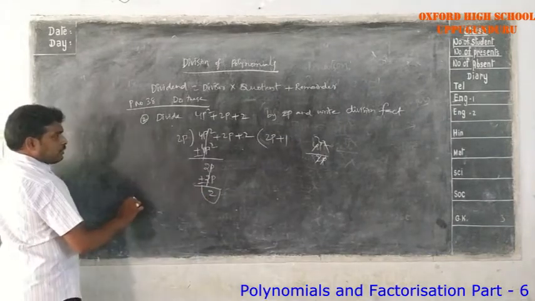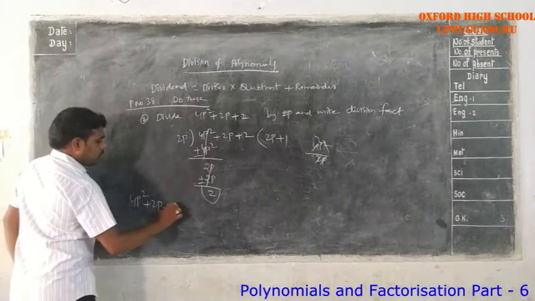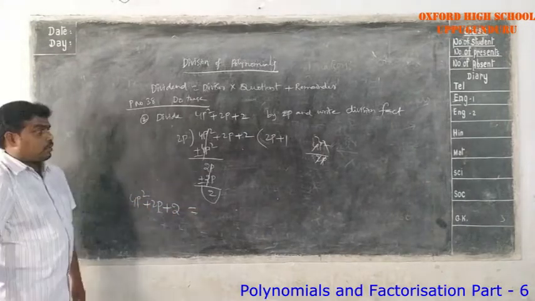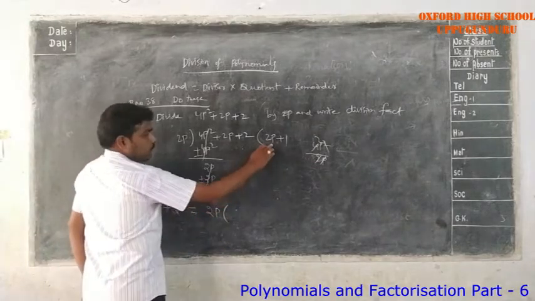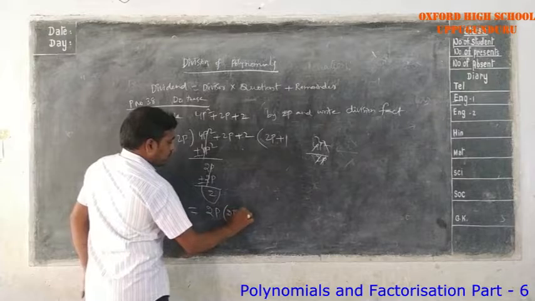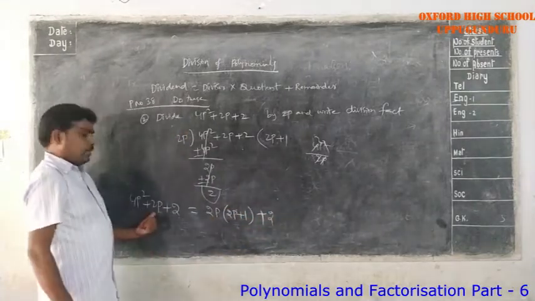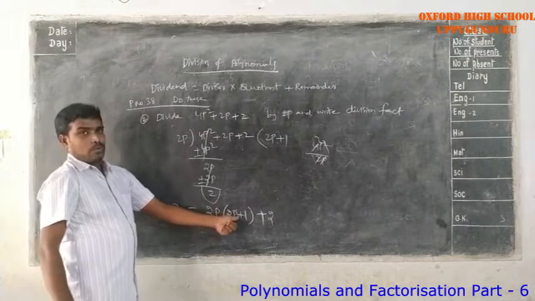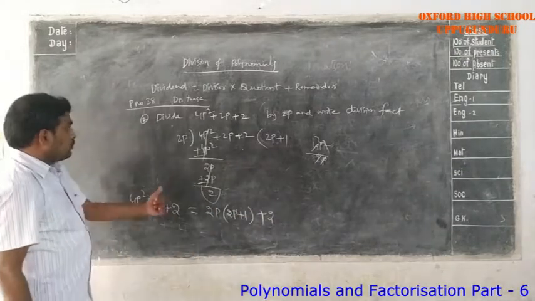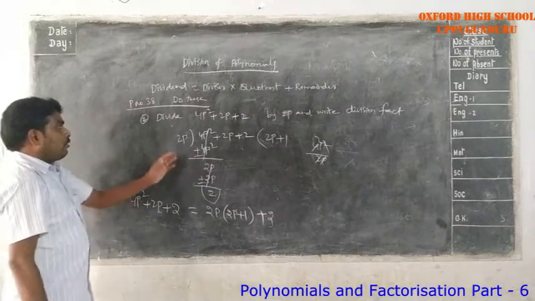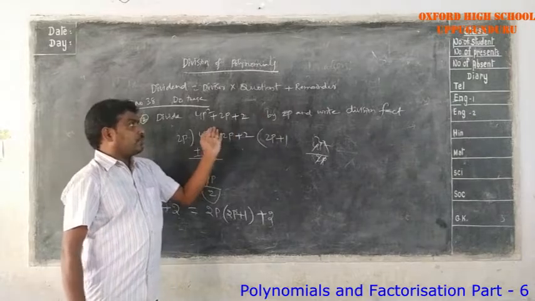Now, what is the dividend here? 4p square plus 2p plus 2 is the dividend, equal to divisor 2p into quotient 2p plus 1 plus remainder 2. So dividend equal to divisor into quotient plus remainder 2. So in this way, if they give any linear polynomial, you have to divide like this.